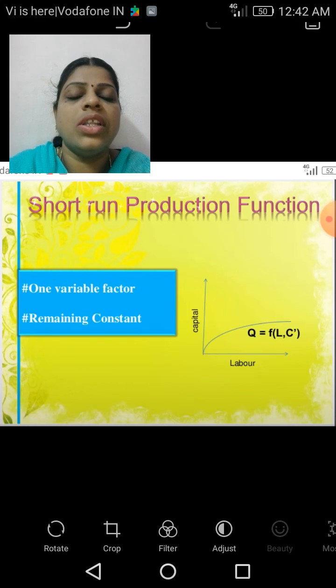Here in the short run, the change in the production is due to only the change in the labor while keeping the capital constant. That's why that C dash is there. As the capital is constant, only the change in the variable factor labor causes the change in the output.